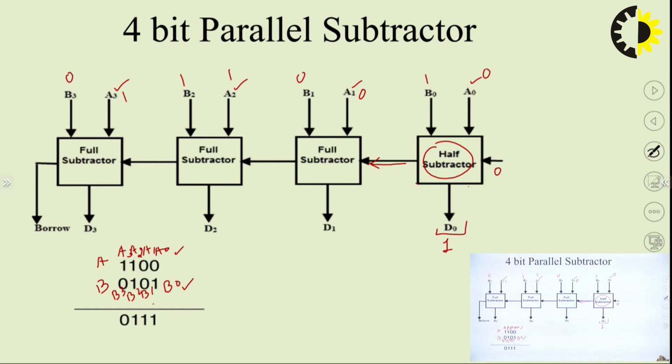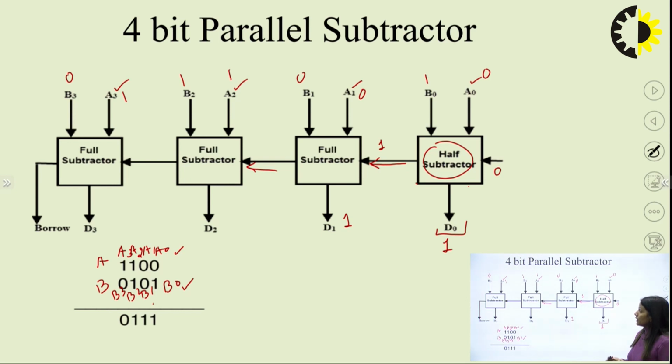So I have 0 minus 1, so of course one borrow will go into it, and then the next process will happen, A1 minus B1 minus borrow. The difference D1 will come here as 1, and the borrow will propagate to the next full subtractor circuit.